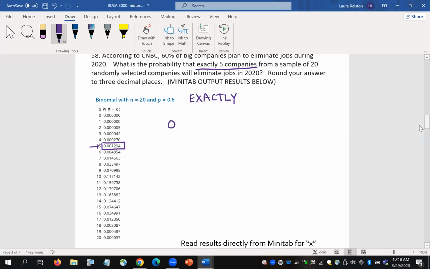So it's 0.001294. The instructions tell you to round to 3 places. So the 1 is in the 3rd place, 2 is next door, it does not round up. So my answer is 0.001. That's the answer you would want to put on your paper.